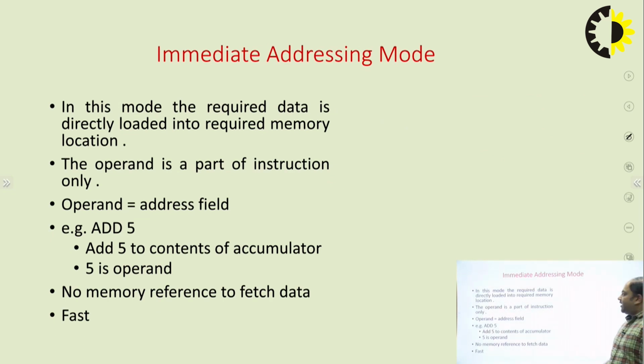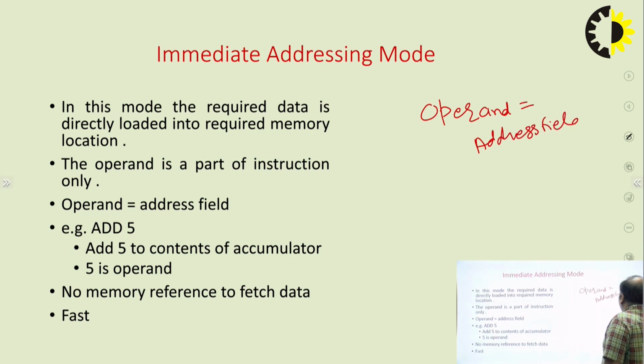First, immediate addressing mode. What does this addressing mode specify? In this addressing mode, the data is directly loaded into the required memory location. For example, operand is equal to address field. For example, add 5.